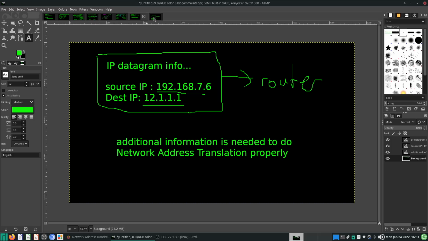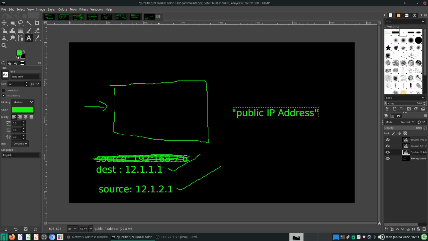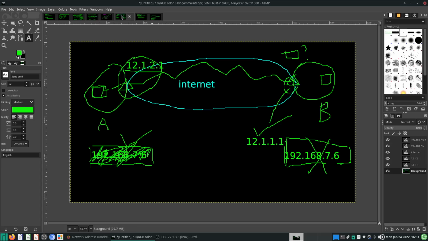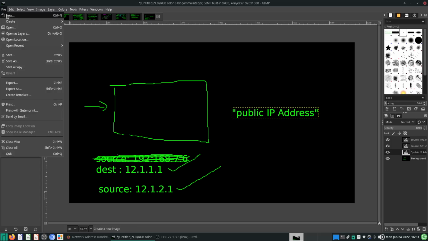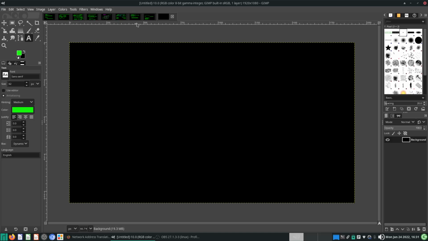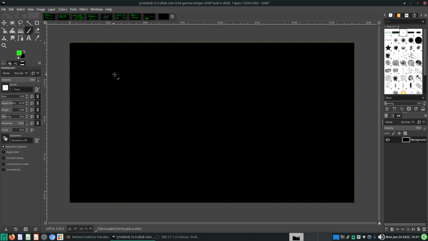And when it comes to the router here, the router will also do another change. It will change the IP datagram as well.